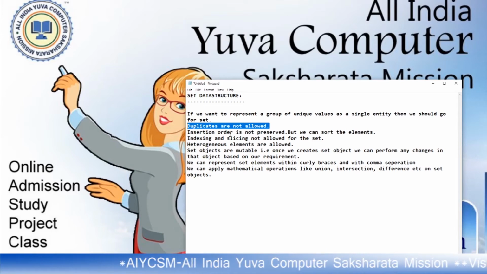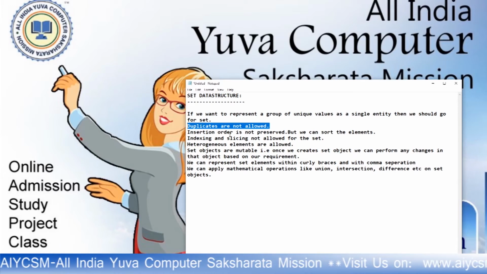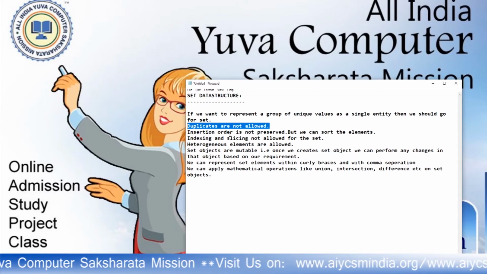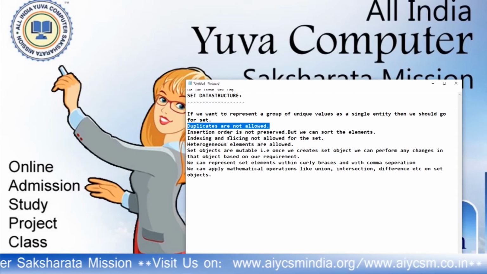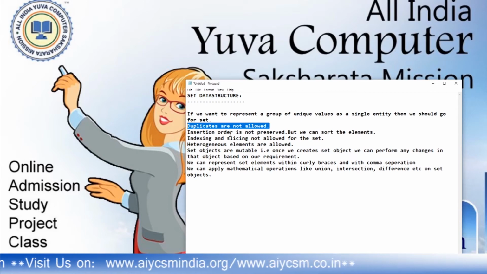So, there is no proper indexing. It means that insertion order is not preserved. If insertion order is not preserved, how can you access a value with the help of indexing and slicing? If there is no permanent index for any of the elements, how can you use indexing and slicing on it?